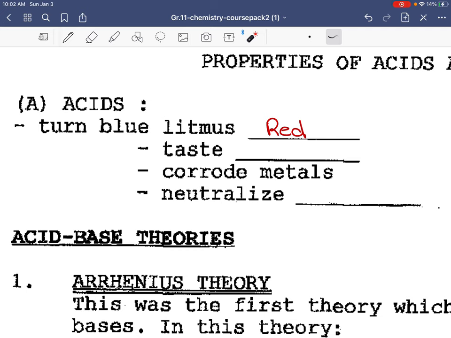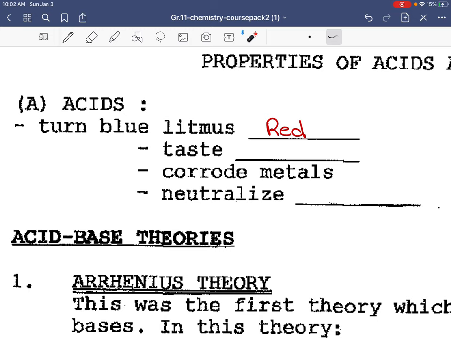A lot of times when we want to test if something is an acid or a base, we either use pH paper or a pH probe. The reason is that it not only identifies if it's an acid or a base, but it also tells you how acidic or how basic something is, based on the pH scale.